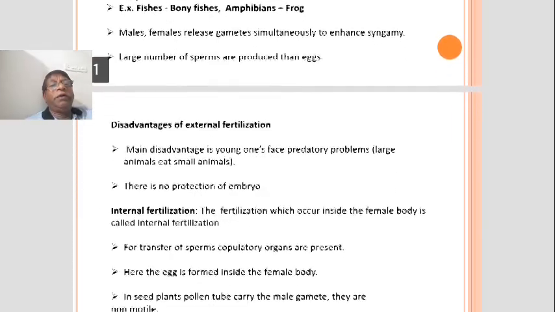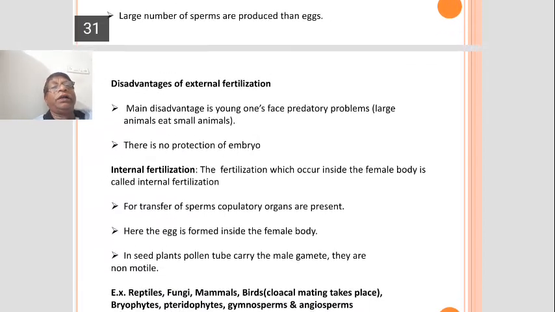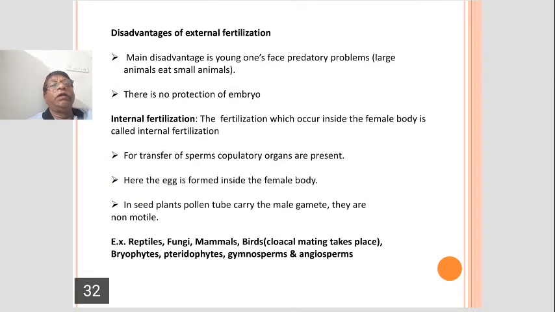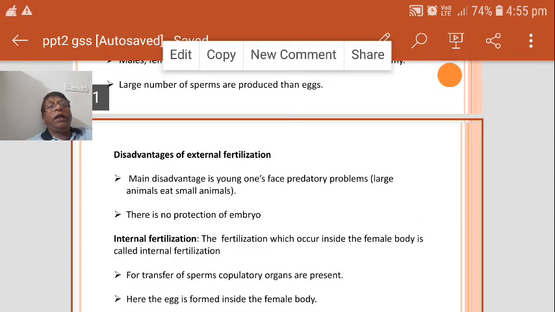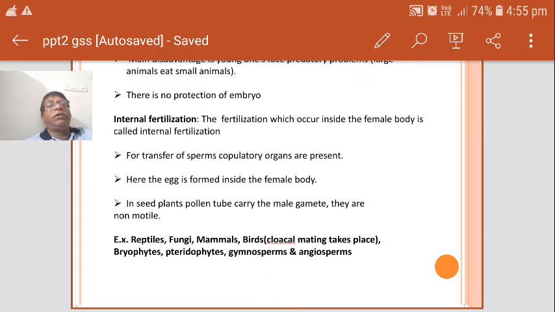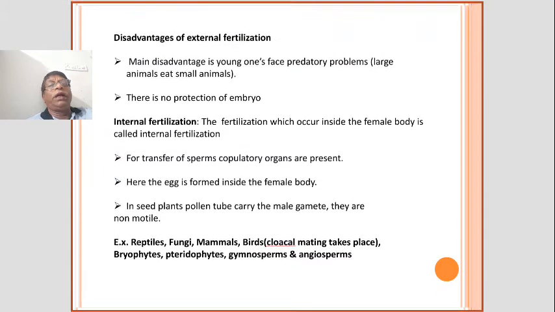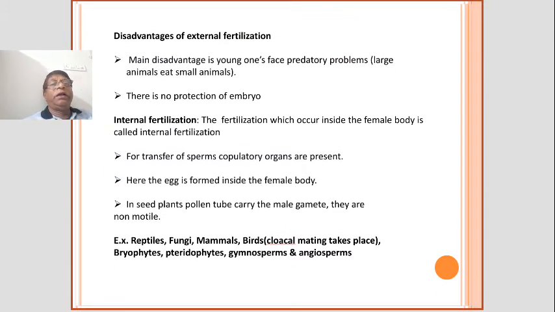Now, disadvantages of external fertilization. In external fertilization, the fertilization takes place outside the female. What are the disadvantages? The main disadvantage is young ones are produced outside the female. So, they face predatory problems.